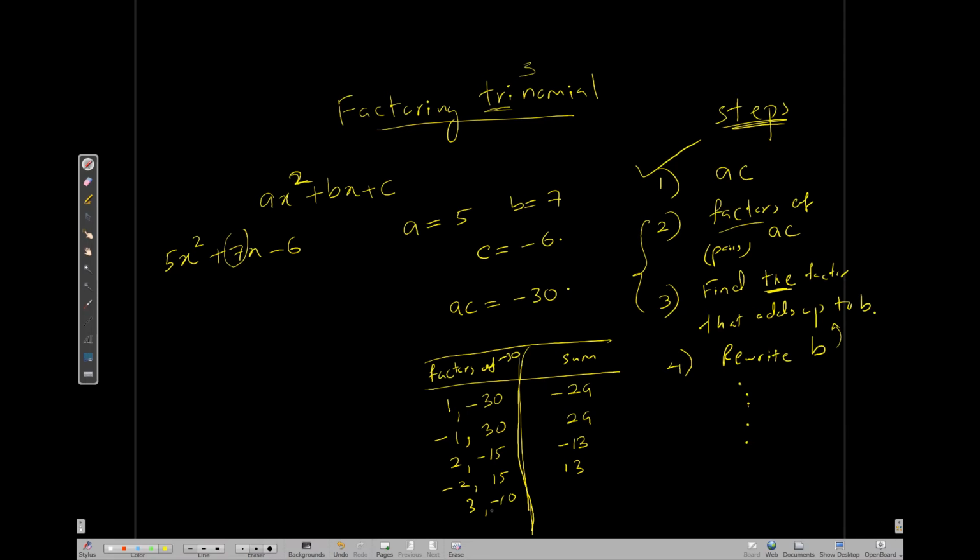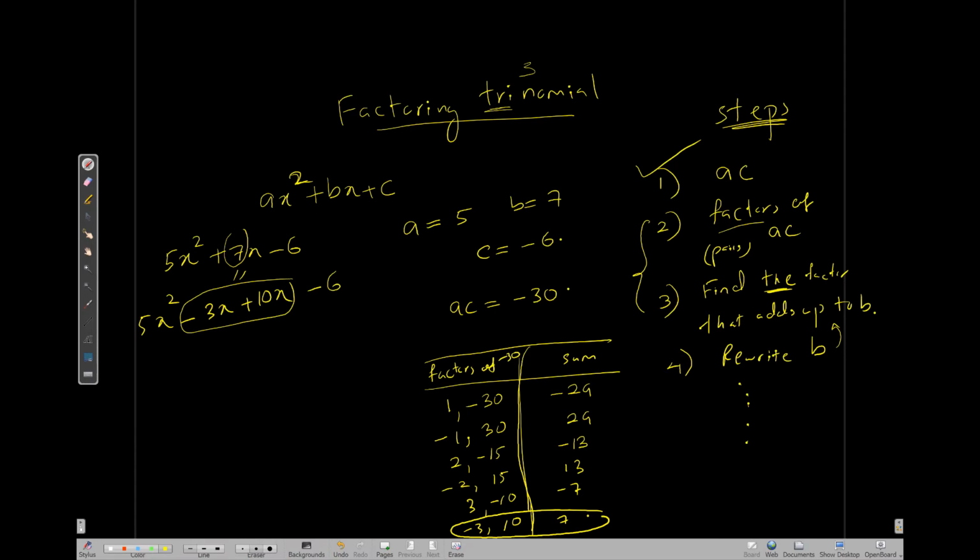So these are the two combinations. Here negative 7, here positive 7. So this is the combination we want, right? So at this step, in 5x squared, you can replace 7x by negative 3x plus 10x, because these two together make 7x, then minus 6.